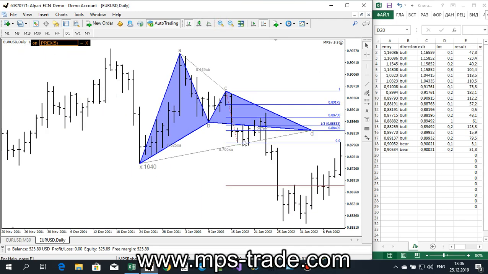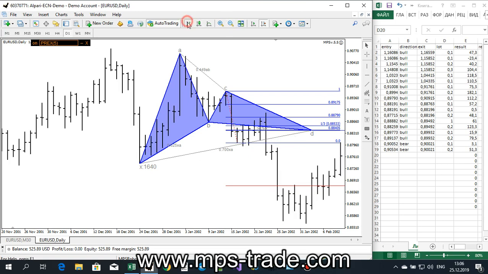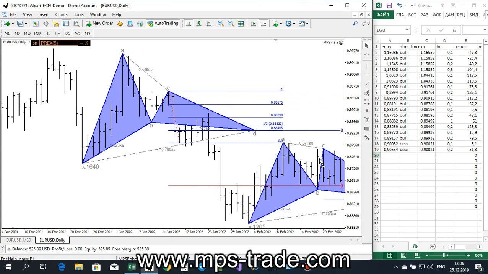You can see that after this candle we hit 1/3, but in this 1/3 we didn't have any white candles, so this is not qualified as a good retracement. So this means that we should re-enter next time, but first we should calculate this as a winner.